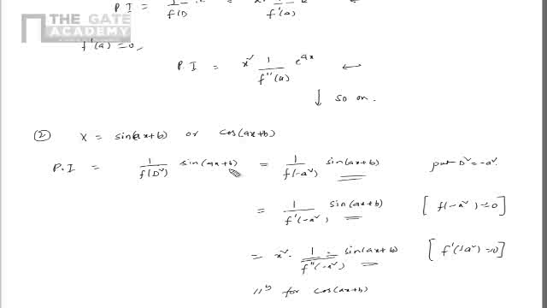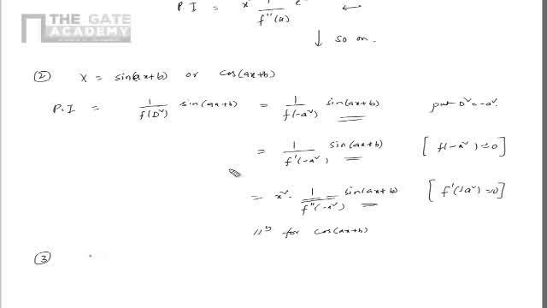Okay, now rule number 3. When capital X is of the form x power m, then your particular integral will be 1 by f of D x power m, and this you can write as f(D) inverse x power m.